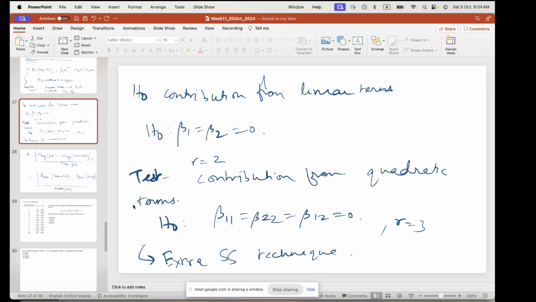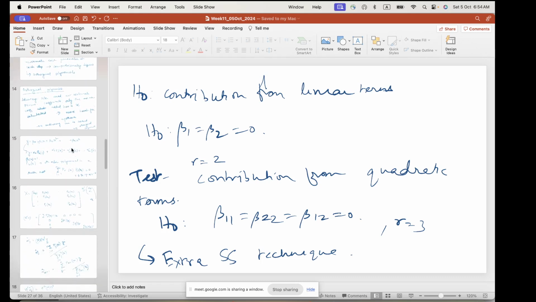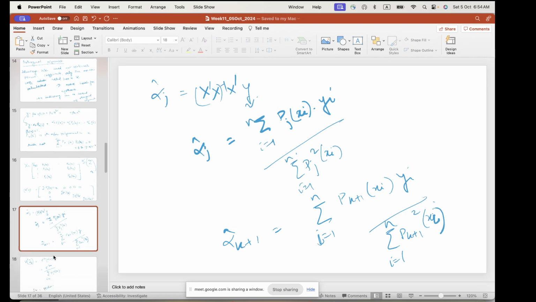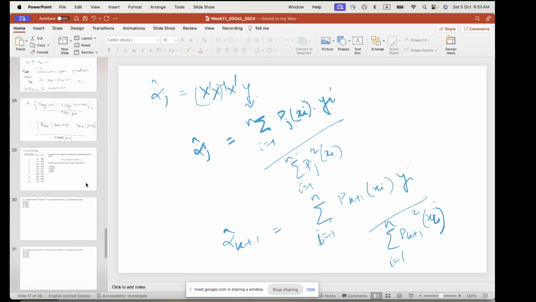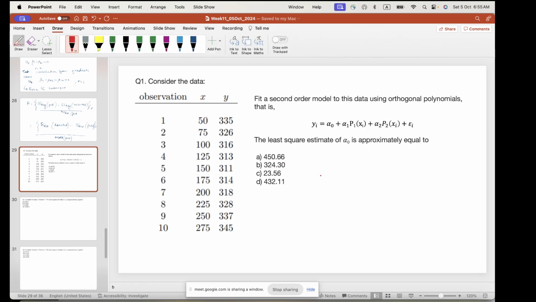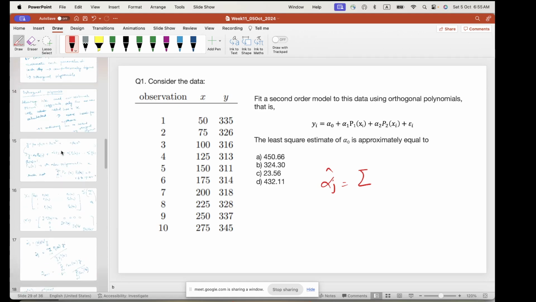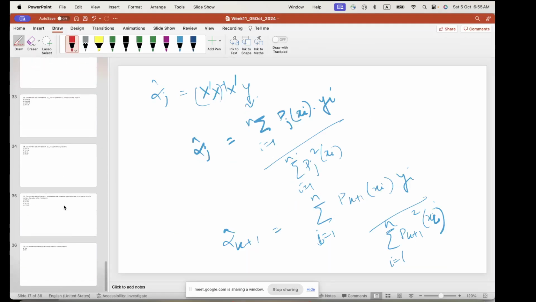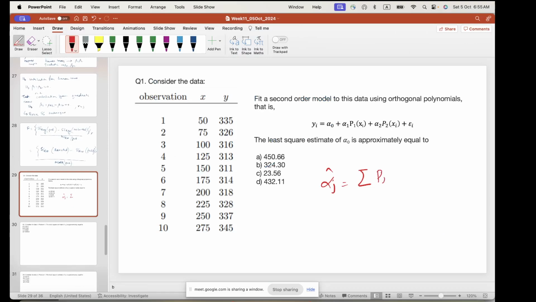Alpha j hat is summation Pj(xi) yi divided by summation Pj squared (xi), i equal to 1 to n.